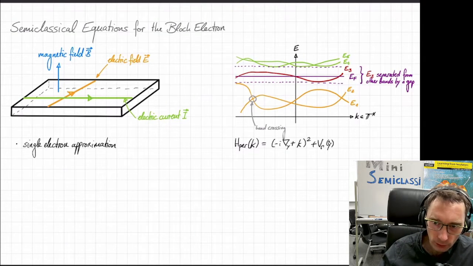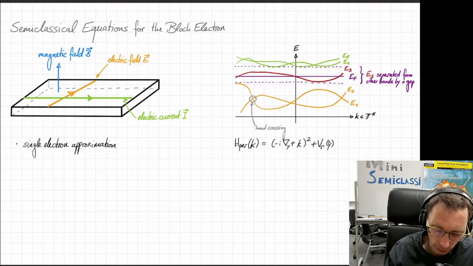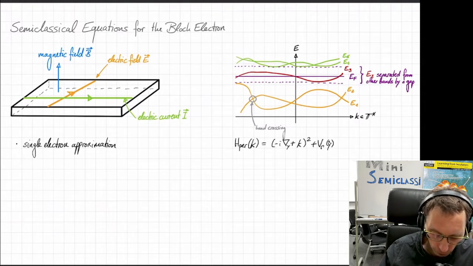So to account for all of this physics, we have proposed the following Hamiltonian.